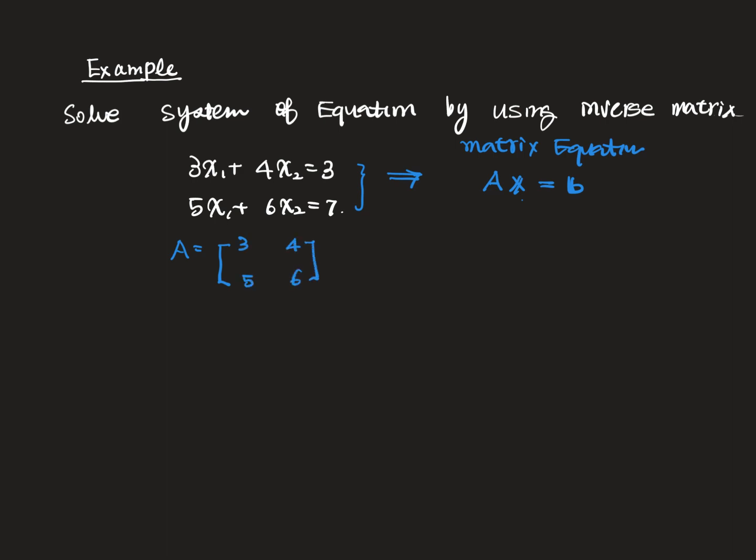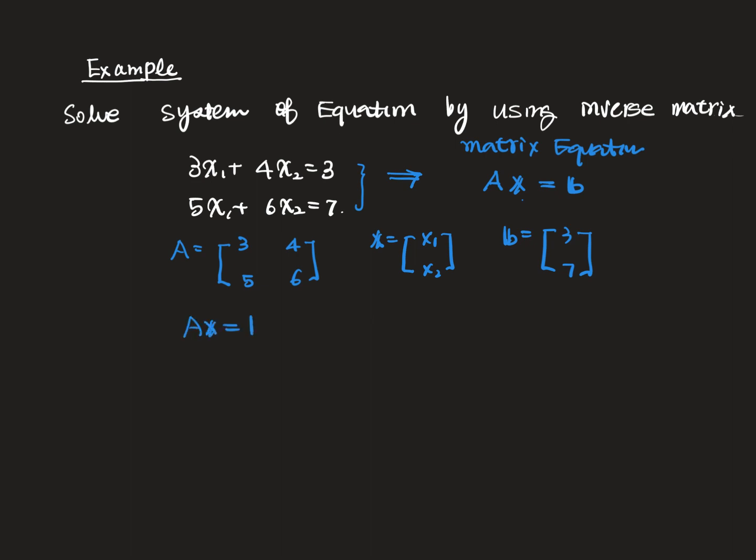That's the coefficient matrix. x is the variables x1, x2. And b, the constant matrix, is 3 and 7. So now this is a matrix equation.